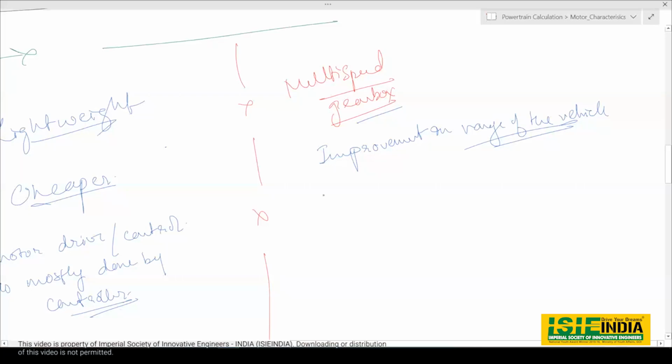So there was a research paper where a team of researchers, students basically, from a university in Switzerland did model based research, and they concluded that the multi-speed gearbox will provide an improvement in range for the same battery pack, right?